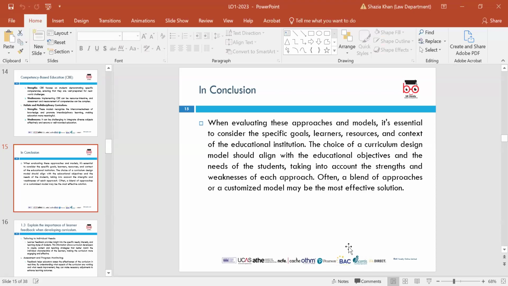Often a blend of approaches or a customized model may be the most effective solution. They may be able to use each approach together to minimize weaknesses and customize their curriculum design, because it needs to take into account educational needs, but also students' needs and the factors to take into consideration.